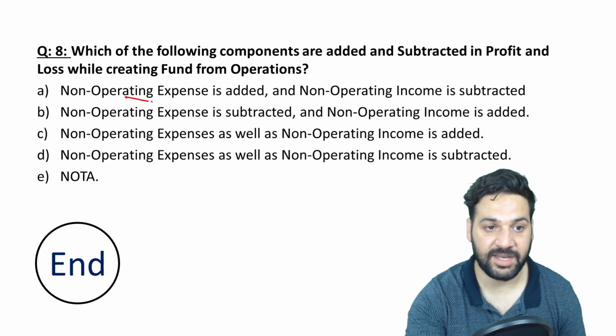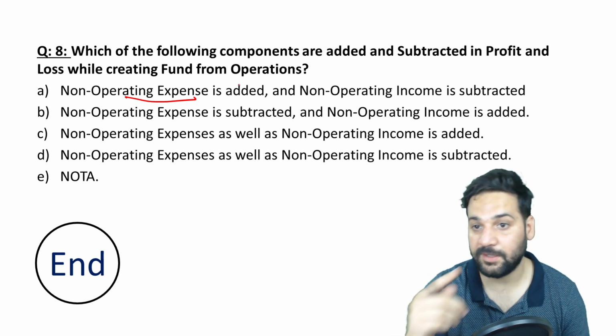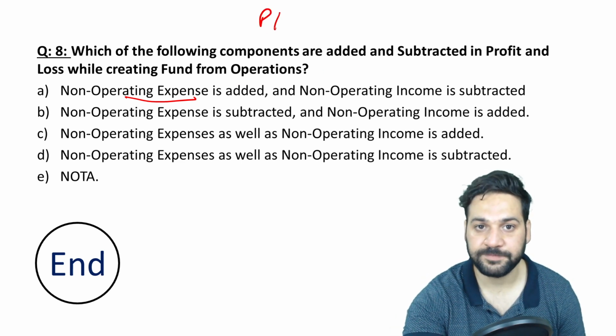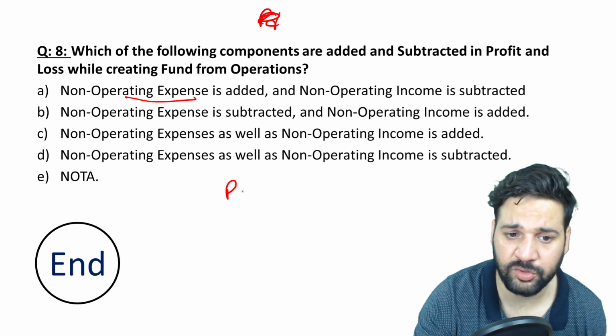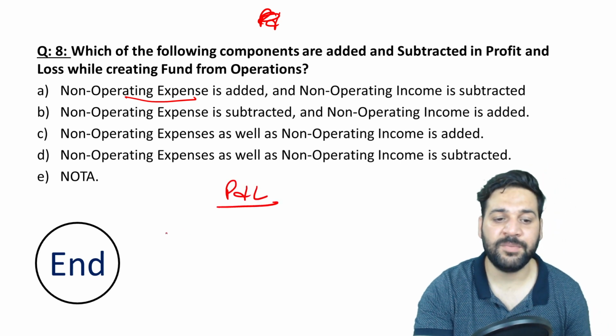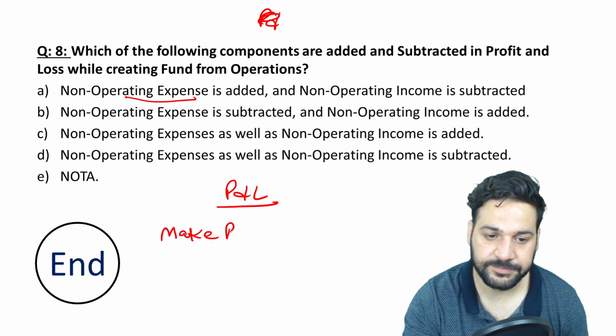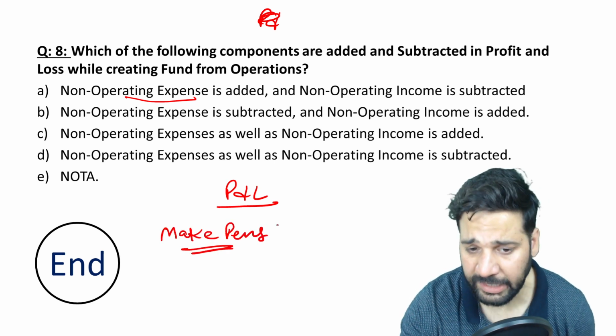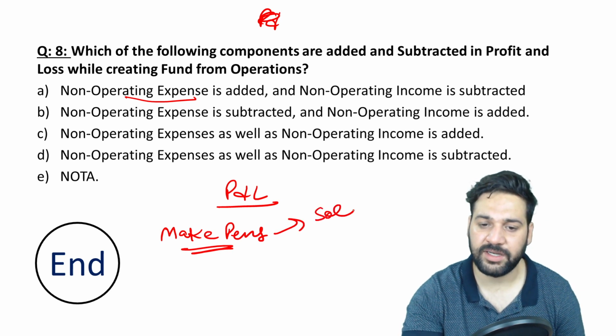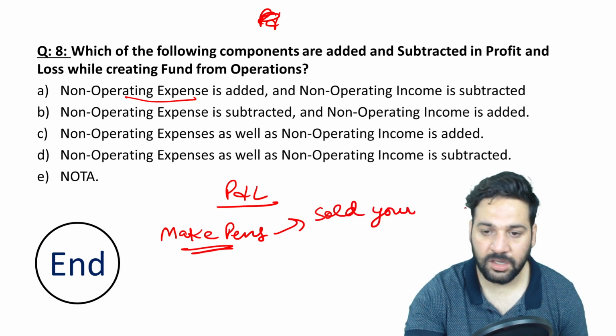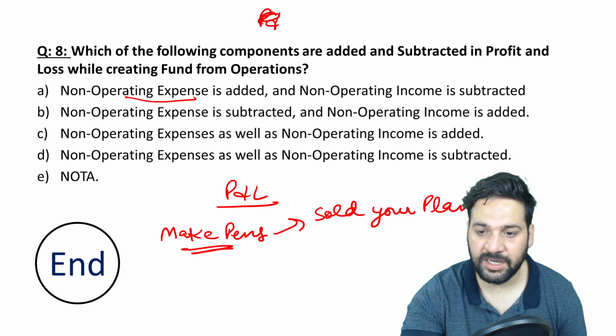Non-operating expense is added. See, for funds from operation, you have your P&L account. Let me explain this to you. You are in the business of making pens, right? But in your business, you sold a plant, or plant and machinery.